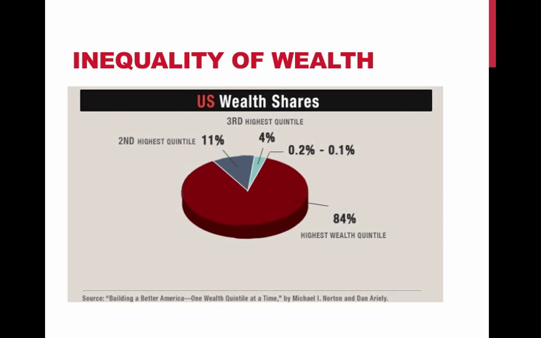And if we look here at the two lowest, the lowest wealth holding 40% of the US population holds between 0.2 and 0.1% of all the wealth. So nearly half of our population holds basically no wealth.